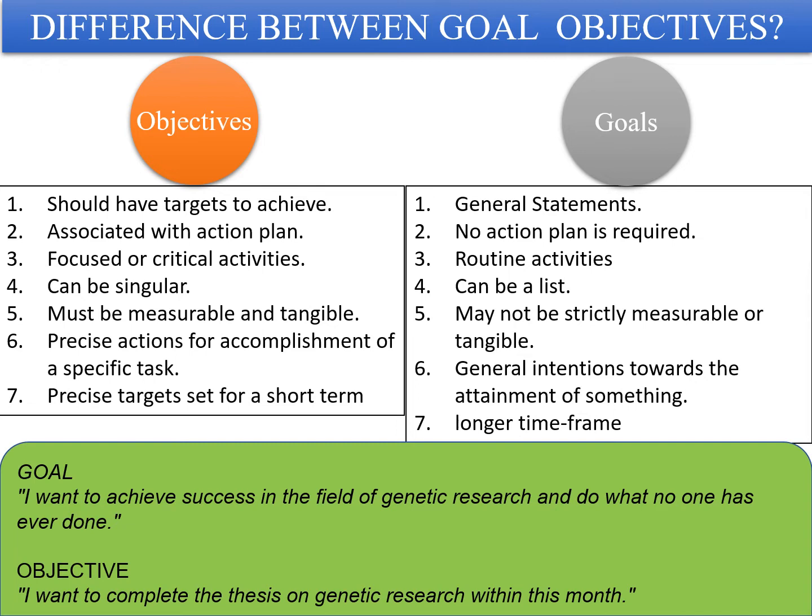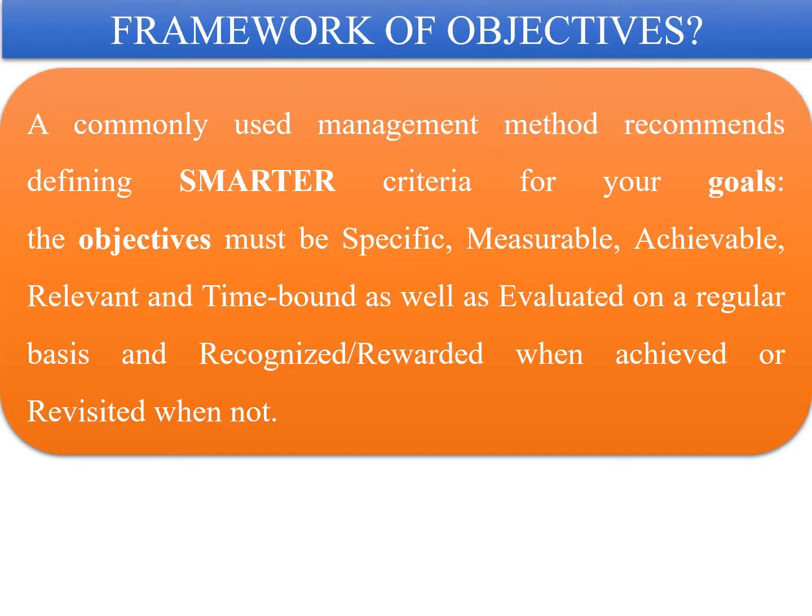So this is how the objectives and the goals are defined, but generally we end up defining our goals as an objective. So we have to be careful and attentive when we talk about our objectives. The framework for objectives: a commonly used management method recommends defining SMARTer criteria for your goals.